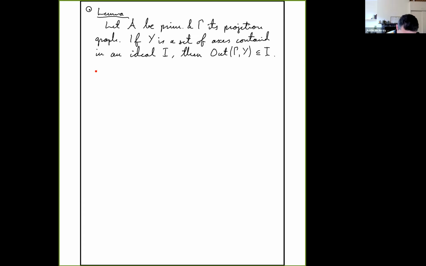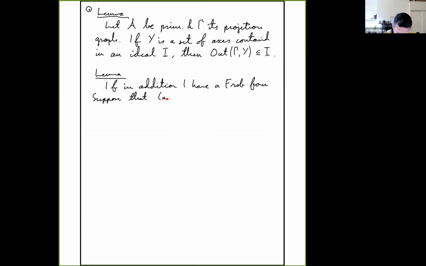I guess I will just skip down to my last lemma here, which again says that everything from above, if in addition I have a Frobenius form, and suppose that the form is non-zero on two axes, A and B, then the following are equivalent.